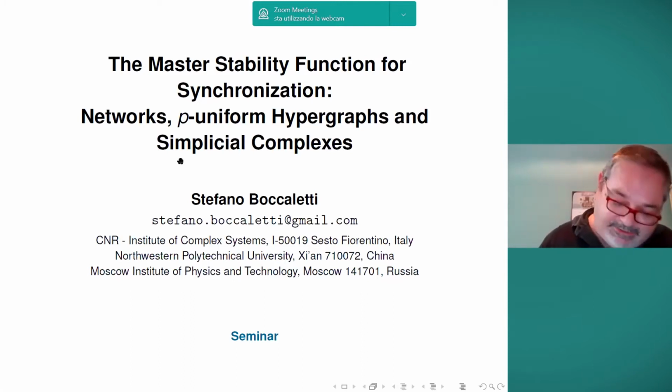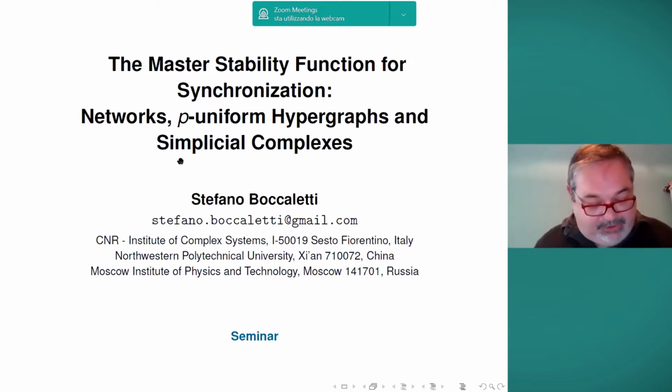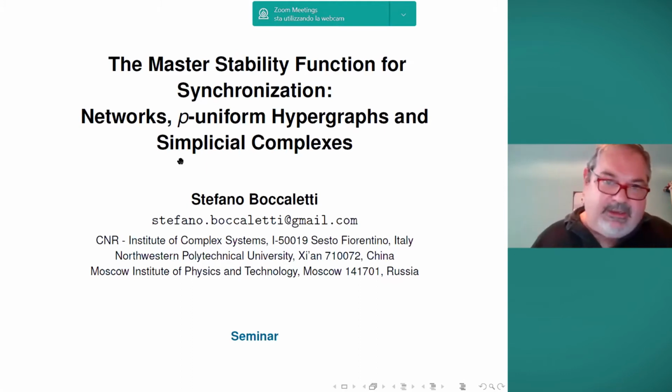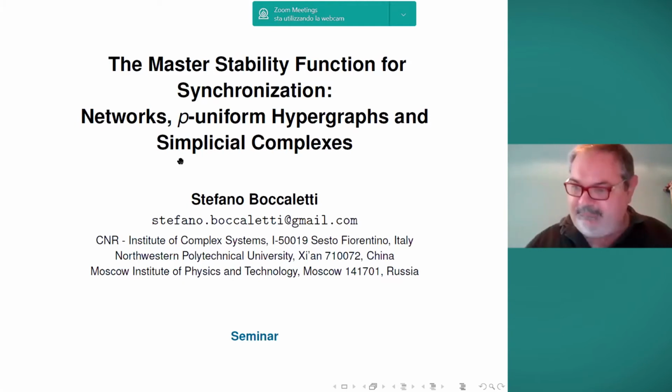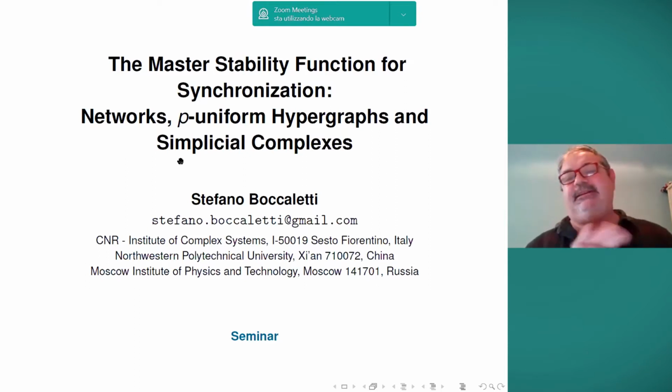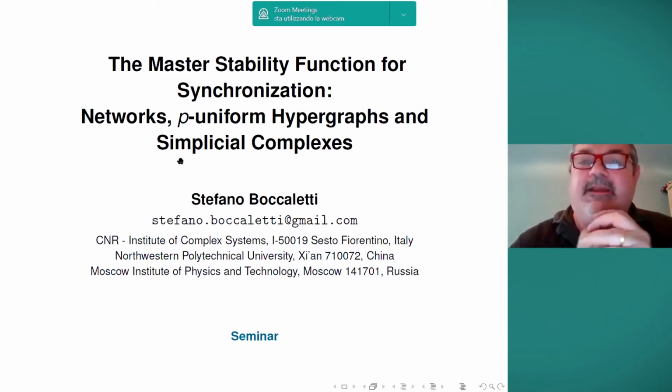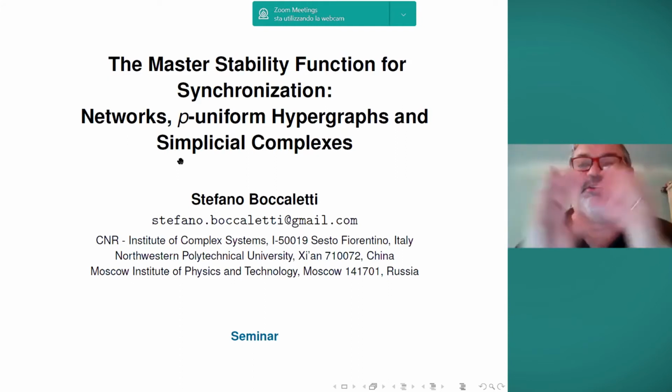So I want to describe today possibly the most elegant result that is available on synchronization, which is the master stability function. The master stability function is a completely rigorous tool, which assesses the necessary conditions for having a network, a population, synchronize.